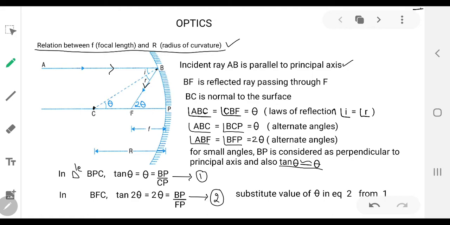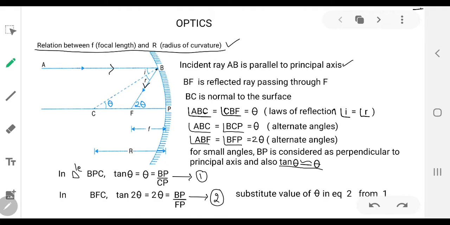The distance between the principal focus and pole is focal length. The distance between center of curvature and pole is radius of curvature. So BC is the normal that we are drawing at the point of incidence.